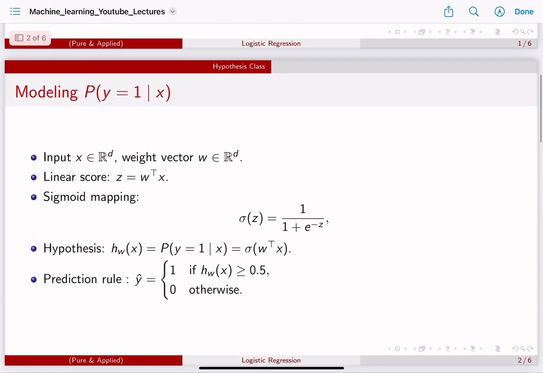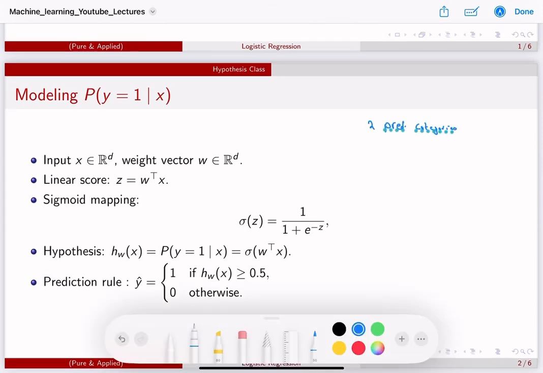In logistic regression, this is the simplest logistic regression model that we'll be discussing here. We're going to start with two predefined categories. And then, as usual, we're going to start with a data set, let's call it S. So we're going to start with a set of features and labels, and the labels are going to be either 0 or 1.